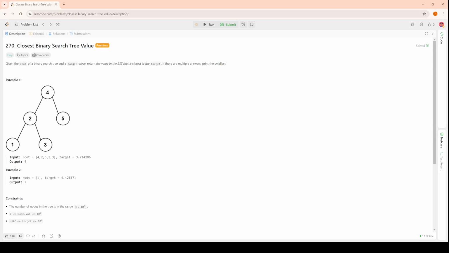So let's think this through logically. First you start at the root value, and then you have a target. And you want to sort of move towards the target. So in the sense that if it's a 3.7, you want to return a 4, but at the same time, you'd want to explore if there was a value that could have been closer to 3.7.